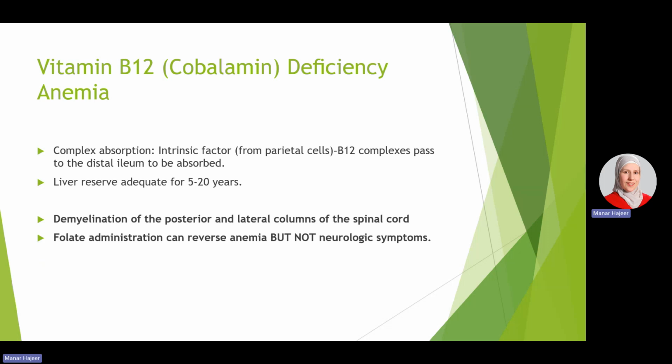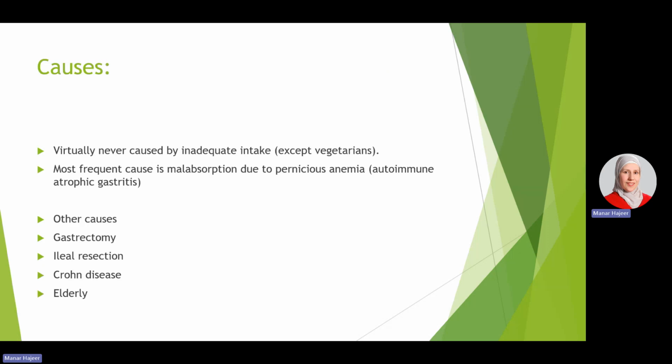Vitamin B12 deficiency leads to demyelination of the posterior and lateral columns of the spinal cord, so patients will have neurological manifestations. If you give patients with vitamin B12 deficiency folate, they will have a correction of their anemia, but they will not have a correction of their neurological manifestations.